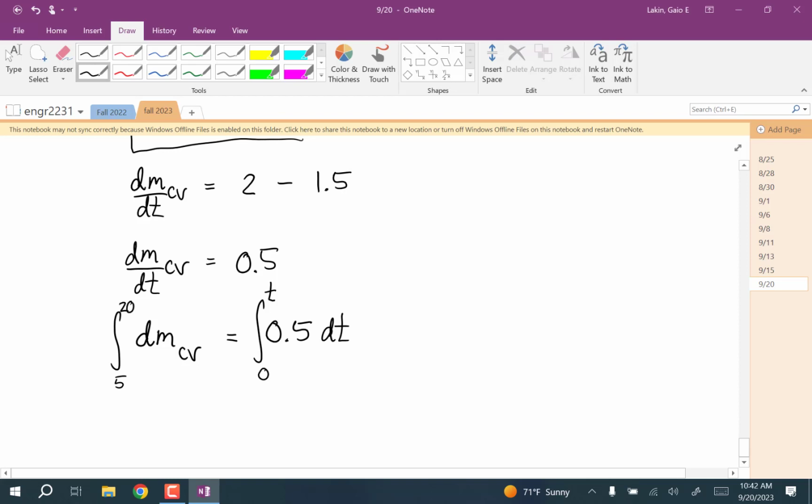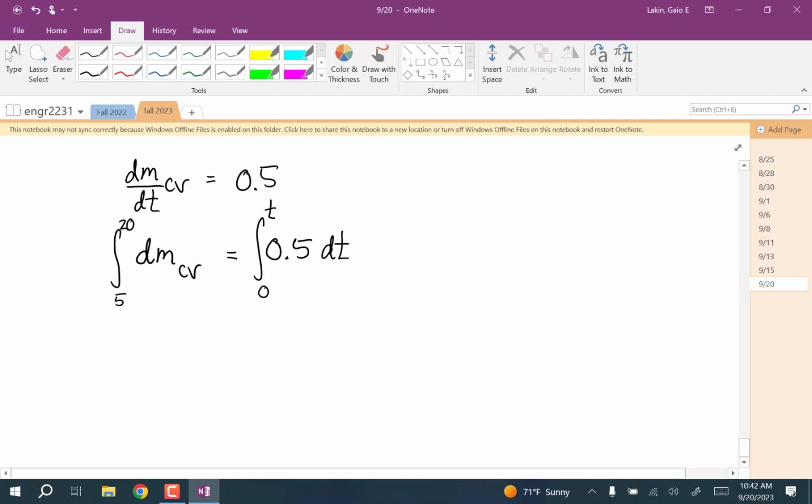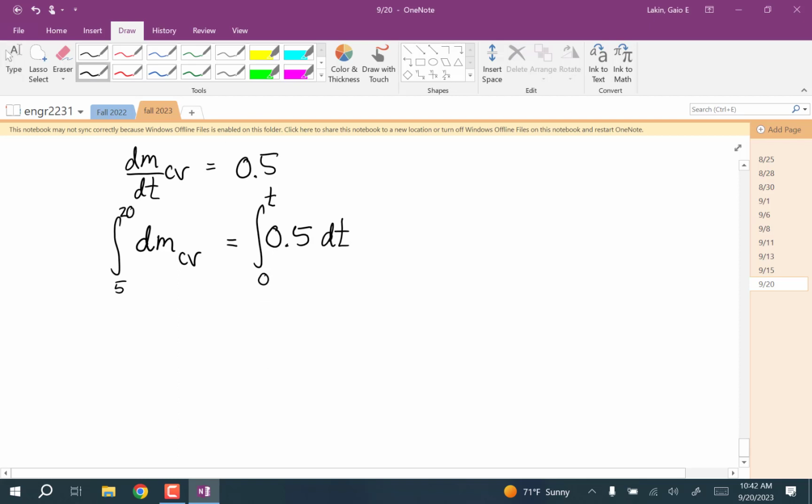That's what the tank can hold. Okay? So this says m for the CV, evaluated from 5 to 20, is equal to 0.5 t.